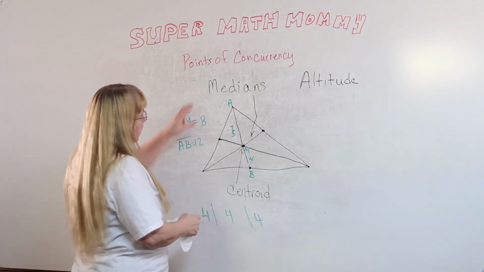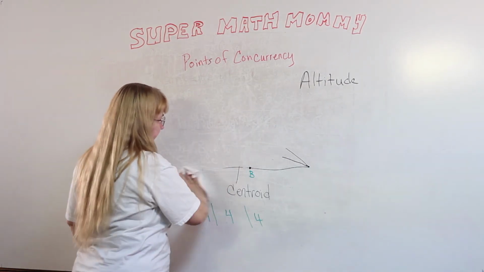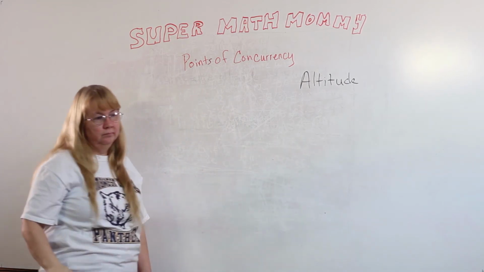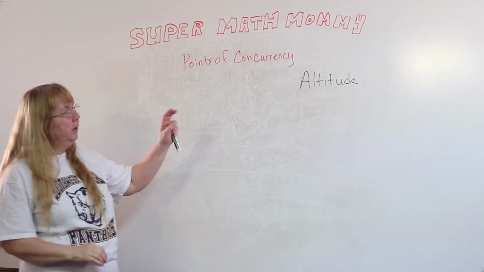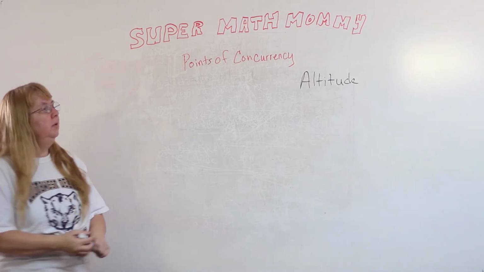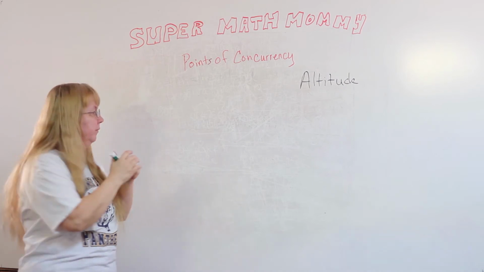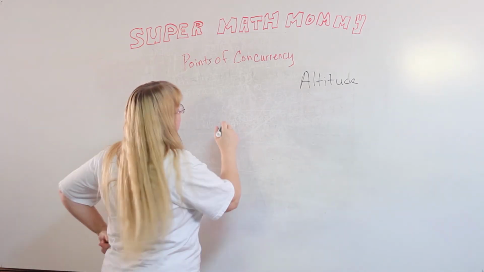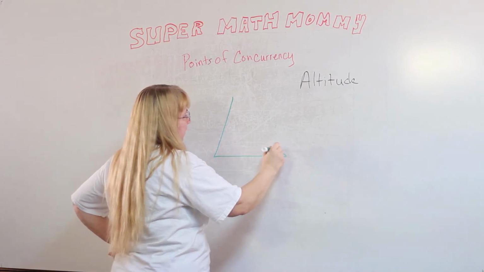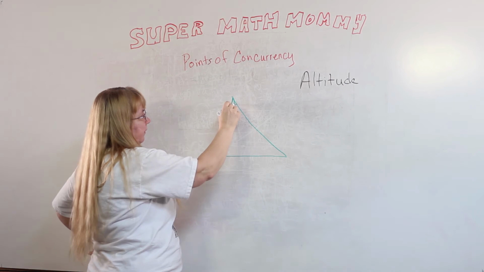That's medians and centroids. Let's talk about the altitude then. Altitude is height. How high is it? So an altitude is the height of a triangle, which you've dealt with before.